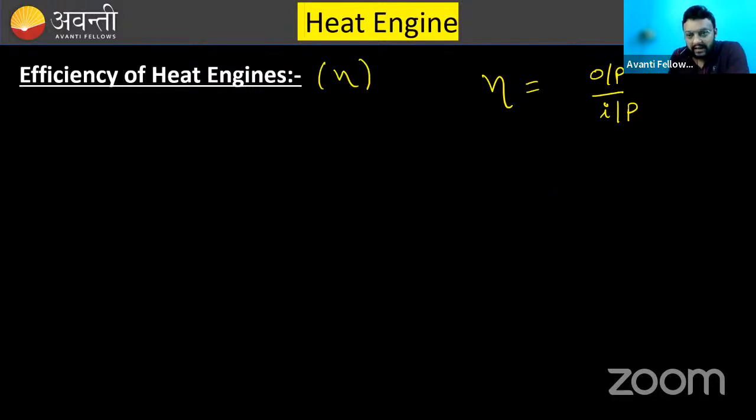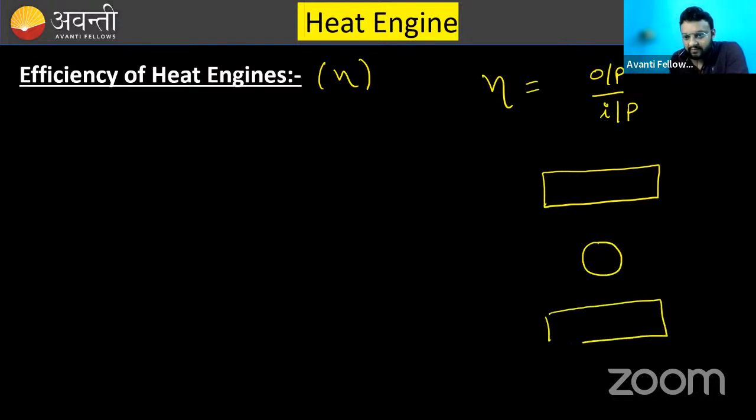Now, in our heat engine, you can see that this is a high temperature source. This is the working substance. This is the sink. That's how the diagram is drawn, and you should draw that. I'm drawing it very quickly. Here some work is performed.